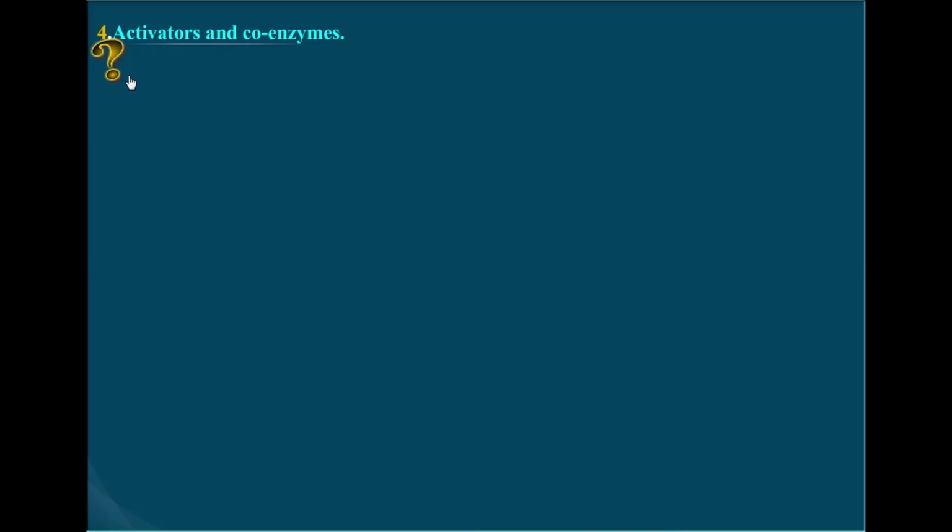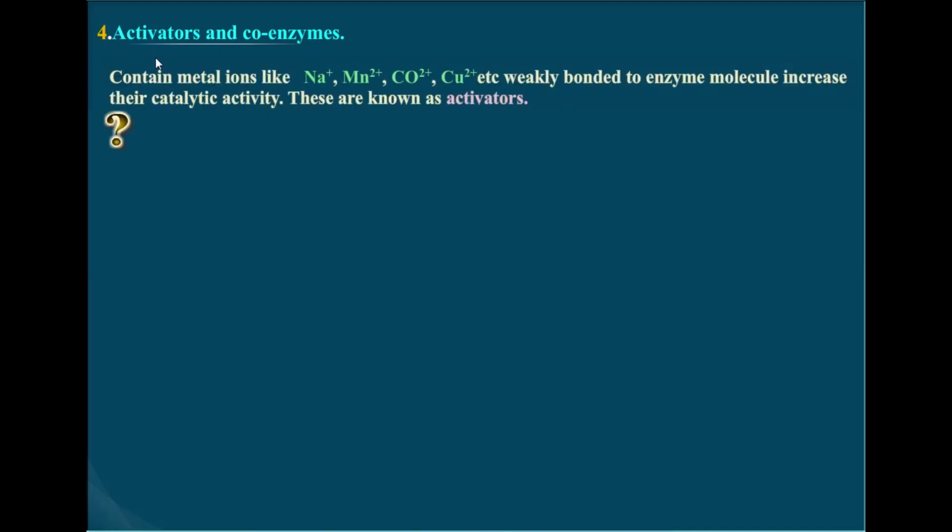Activators are generally metal ions such as Na+, Mn2+, Co2+, Cu2+ ions, etc. These metal ions, when weakly bonded to enzyme molecules, increase their catalytic activity. Amylase in the presence of sodium chloride, that is Na+ ions, is catalytically very active.